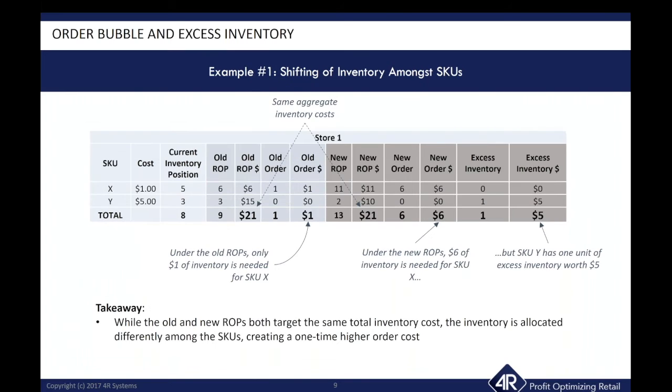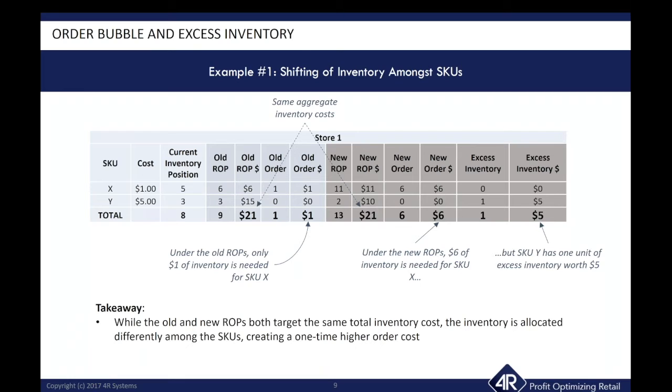The second example I'd like to talk to is a shifting in inventory amongst SKUs. For this example, we're looking at, hypothetically, store 1, which carries SKU X and SKU Y. SKU X originally had a reorder point of 6, and SKU Y originally had a reorder point of 3.